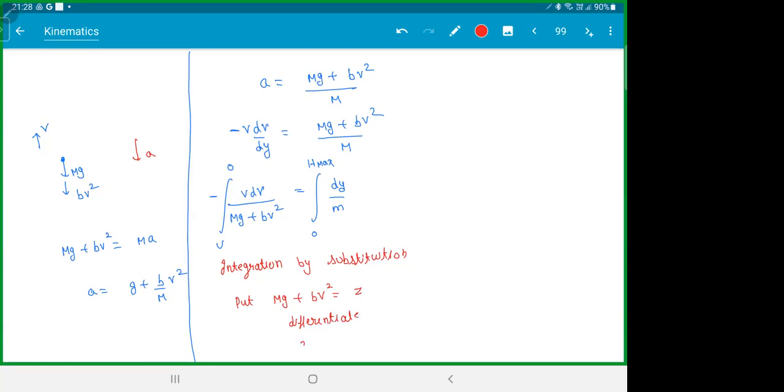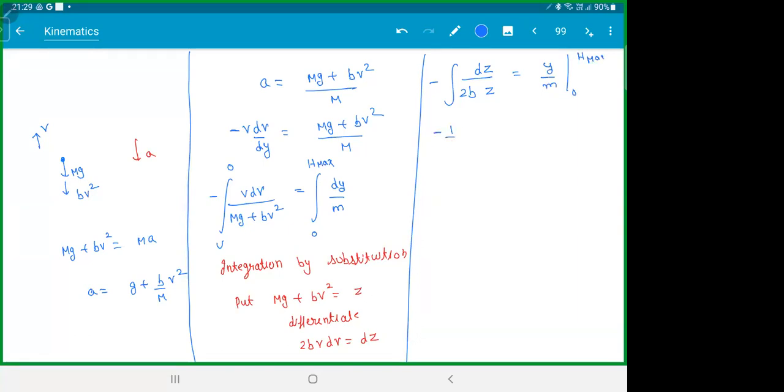This would be 2bv dv, b is constant, and this would be dz. So when I substitute here, you get minus v dv will be dz by 2b, and the denominator mg plus bv square becomes z. All right, I think you must be right. And this would be y by m, integral from 0 to h max.